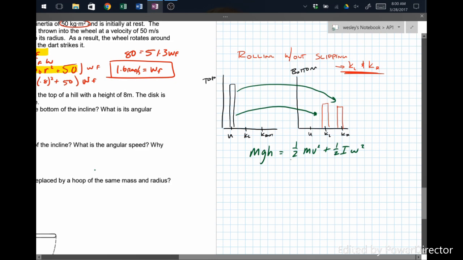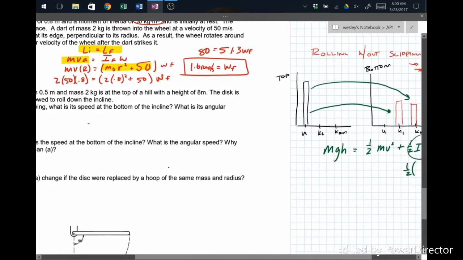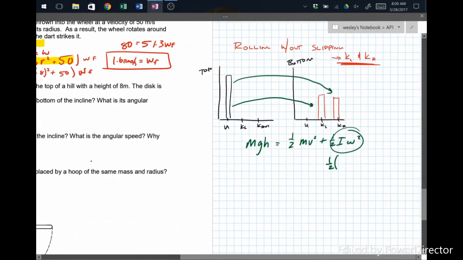And then in order to do this, we need to substitute things here. So 1/2 I in this case is 1/2 mr squared. And since we're rolling without slipping, another thing that means is that omega is equal to v over r. So we have v squared over r squared.